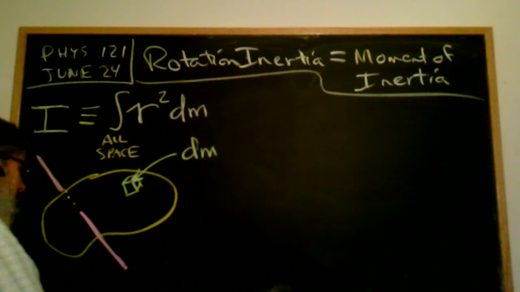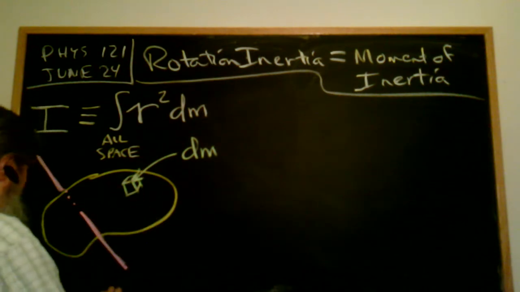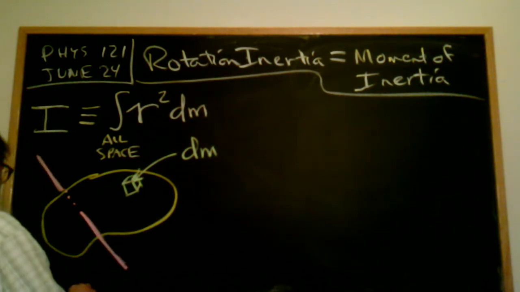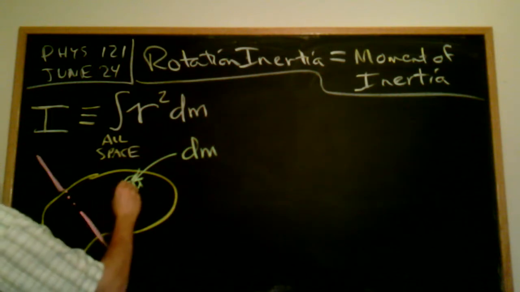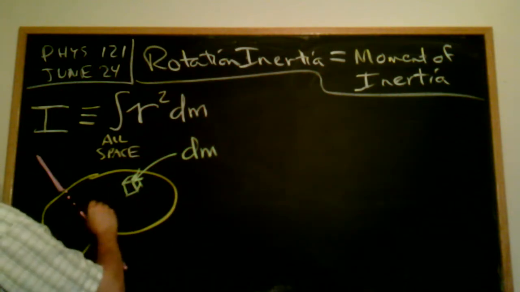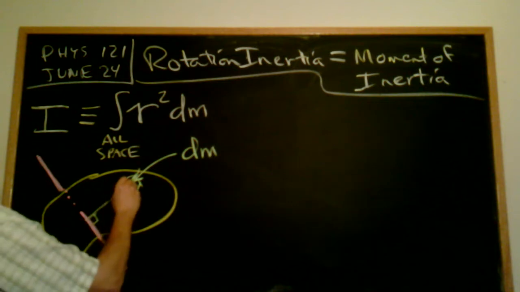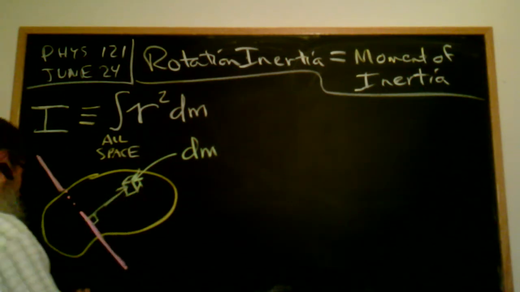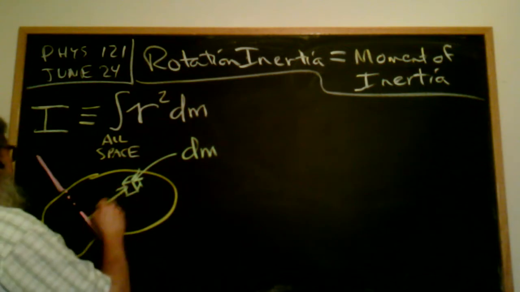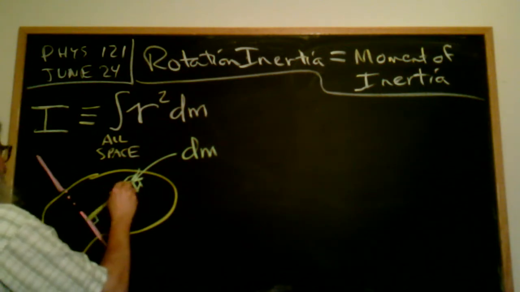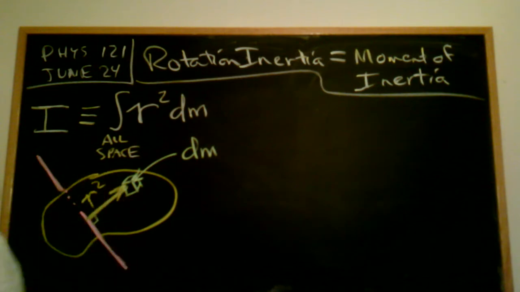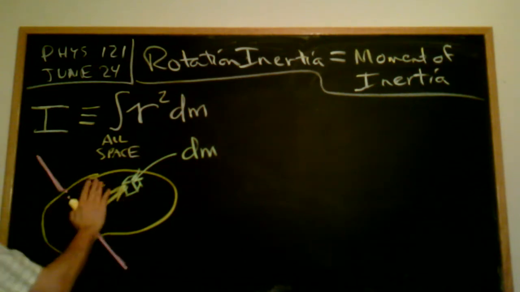And for any piece of matter I pick, I define the quantity R as the distance from that piece of matter, perpendicular, that's the key issue, to the axis. Let me highlight that in yellow so we can focus in on that. That's what I mean by the serif R, not squared, just R.